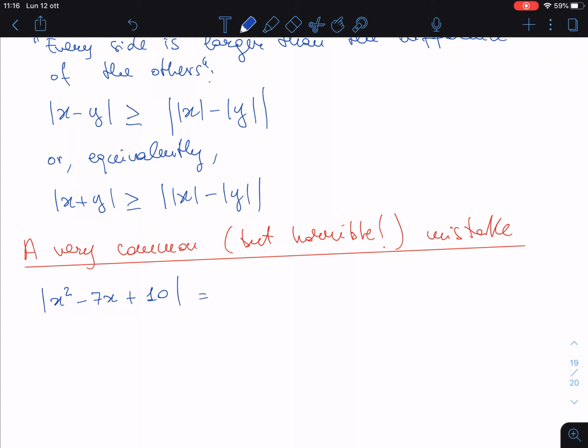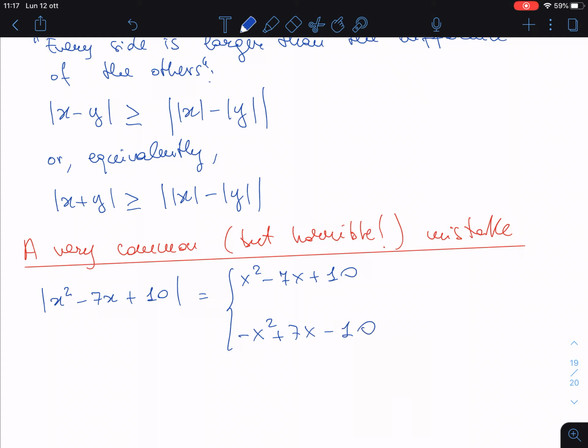And so, of course, this can be equal to x squared minus 7x plus 10, or the negative of this quantity, so minus x squared plus 7x minus 10. This can be one of the two.